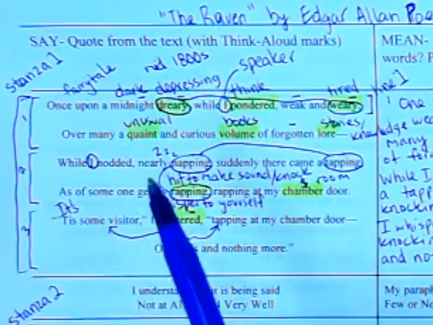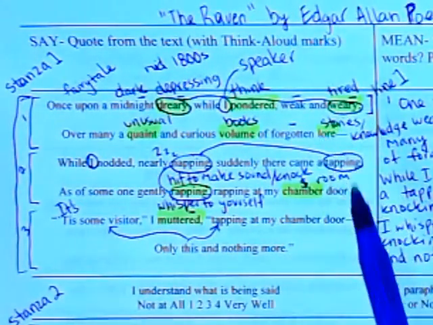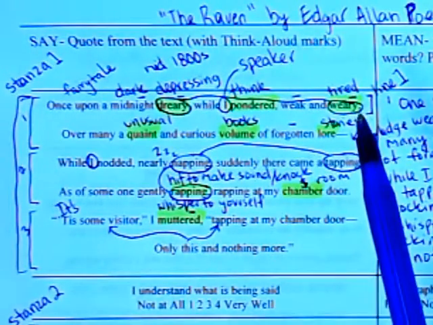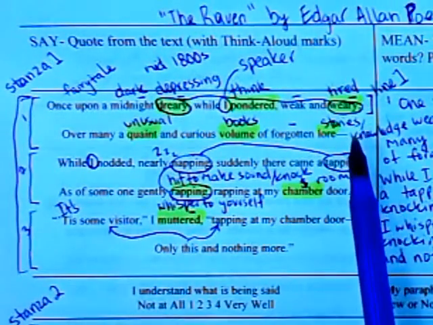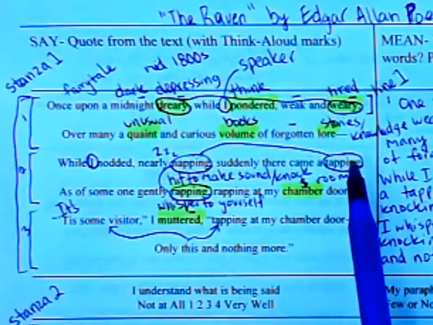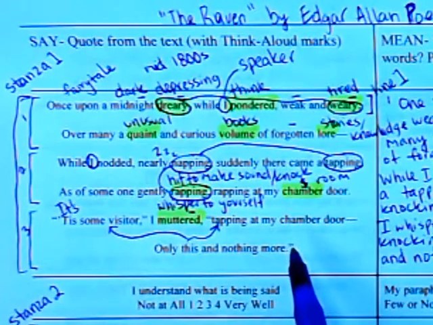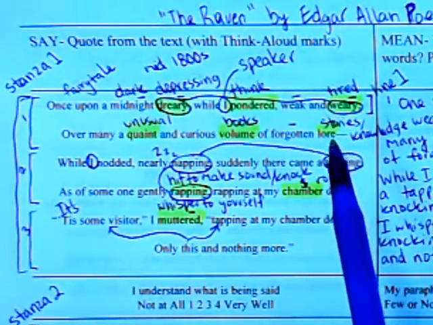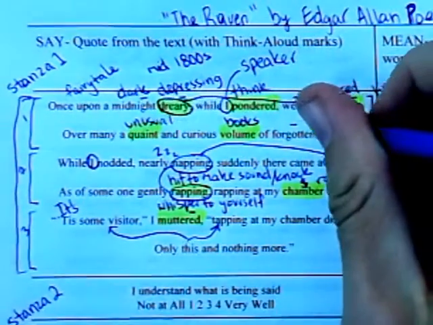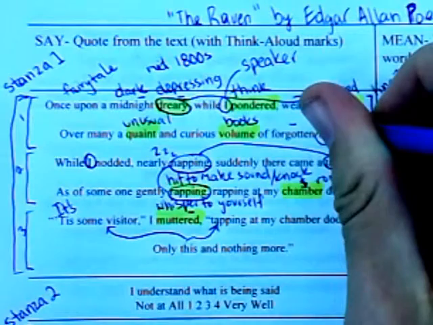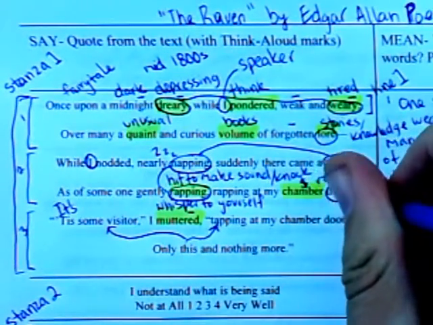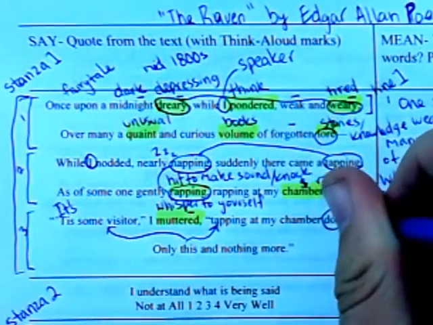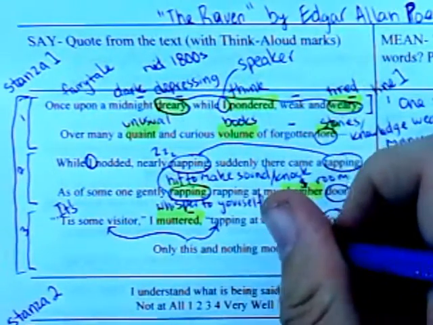Right, now that I have the internal rhymes, so dreary, weary, napping, tapping, and rapping, now I need to come up with the end rhyme. So I'm only going to look at this last part. So I'm going to look at weary, lore, tapping, door, door, and more. So what I see, when I said those, what I heard right away was that lore is one of them. And lore rhymes with door, and then the second door, and then down here it rhymes with more.